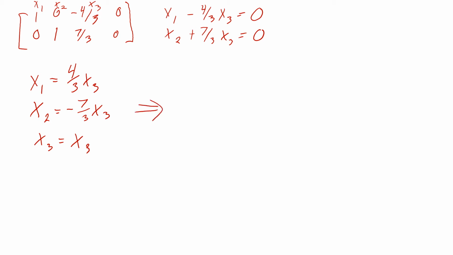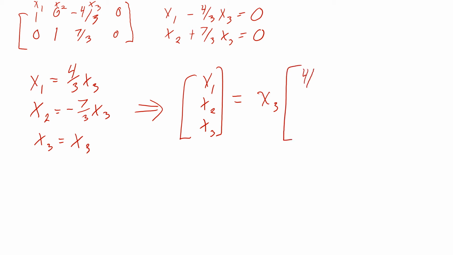What does this mean? This means that our vector x1, x2, and x3, which is a vector in the null space, is equal to something times 4 over 3, negative 7 over 3, and 1. So anything in our null space is a number, pick any number, times the vector 4 over 3, negative 7 over 3, and 1.